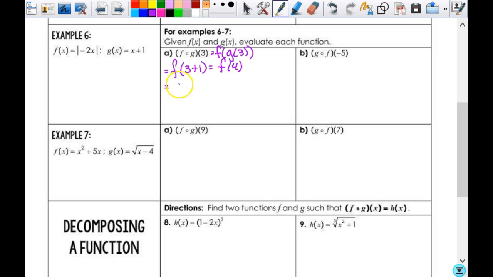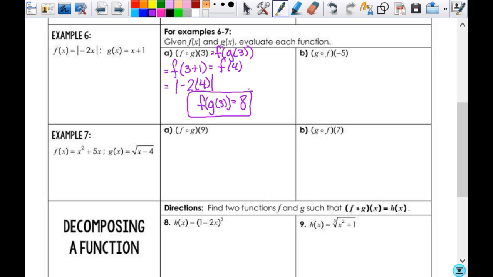And that's equal to the absolute value of negative 2 times 4. So f of g of 3 equals what? 8. Good. Everybody okay with that? Yes?